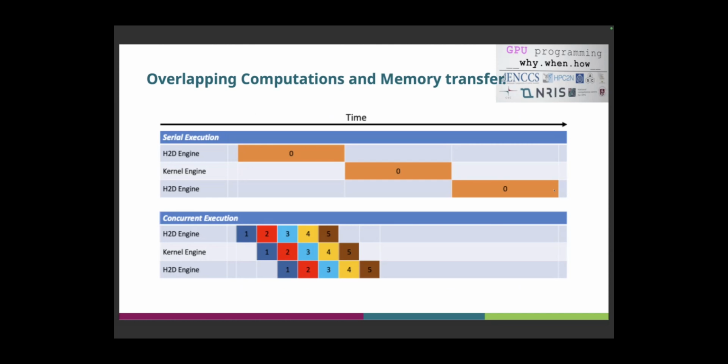So let's assume we split our data into five parts, five chunks. We take the first chunk and initiate the copy. When this one gets to the GPU, it starts to be executed, as we see here in the timeline. But at the same time, now that the host to device copy engine is free, we can initiate another copy. So at this moment, we have two operations overlapping.